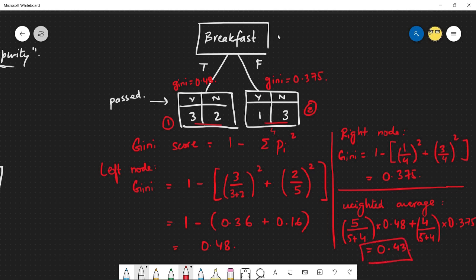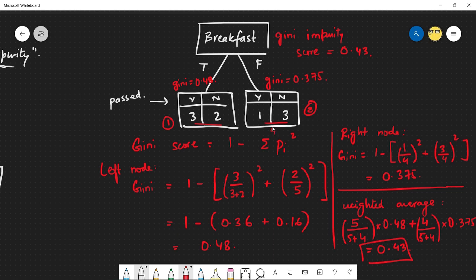So the Gini impurity score for splitting the data on breakfast as a root is 0.43.